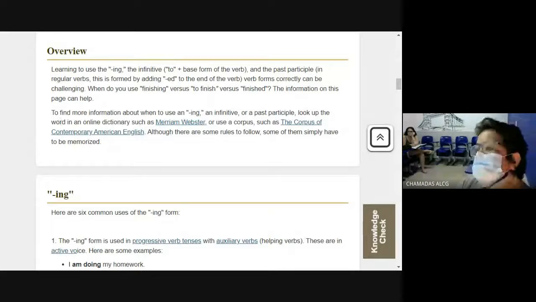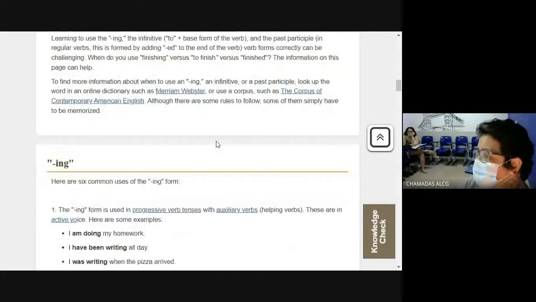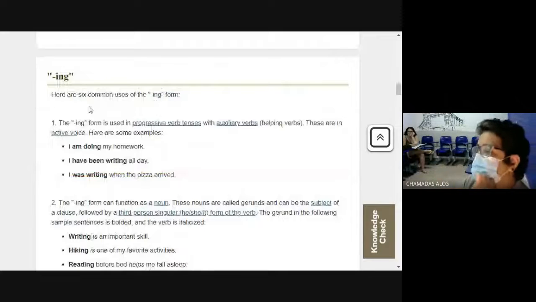So, to find more information about when to use an ing, an infinitive, or a past participle, look up the word in an online dictionary. Here they give some tips, like Merriam-Webster, the Corpus of Contemporary American English, right? But here they bring some explanation. So here are 6 common uses of the ing form.